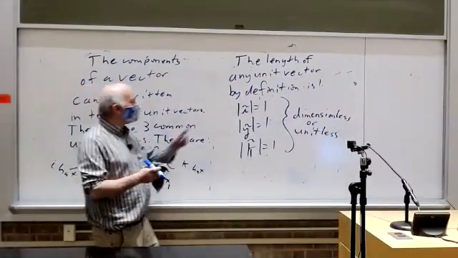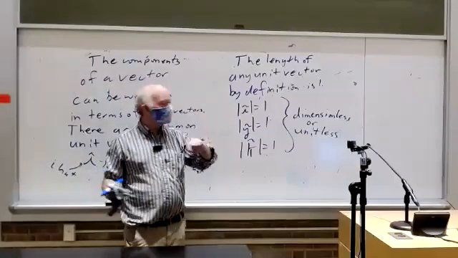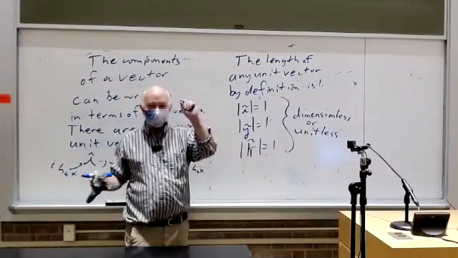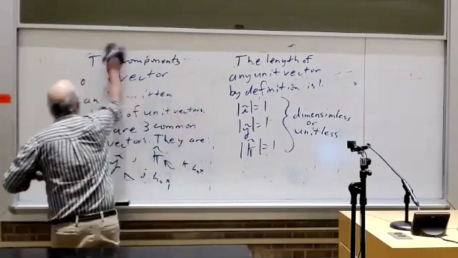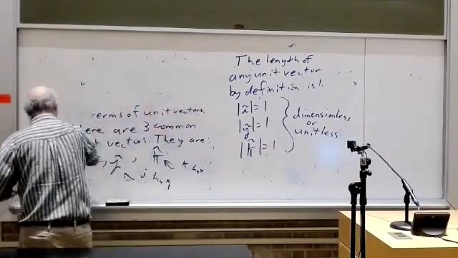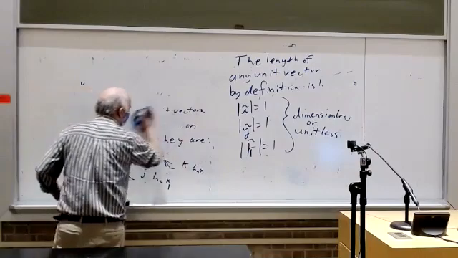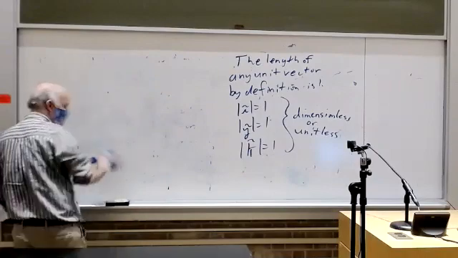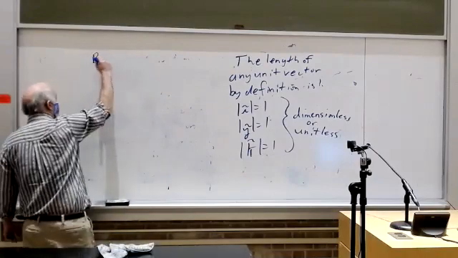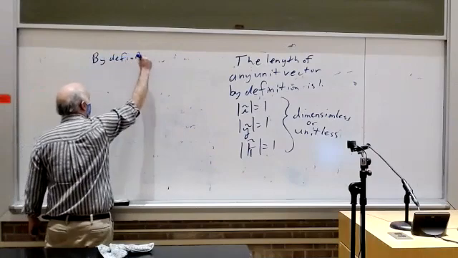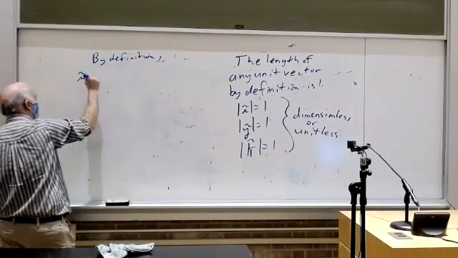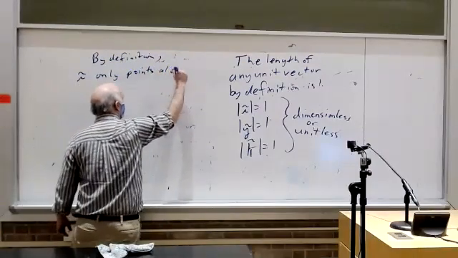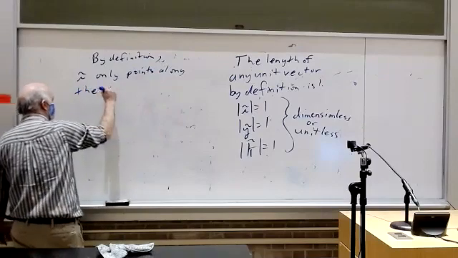Now, by definition, I hat only points along the x-axis. J hat only points along the y-axis. And K hat only points along the z-axis. So let's write that down in the real picture. So by definition, I hat only points along the x-axis.